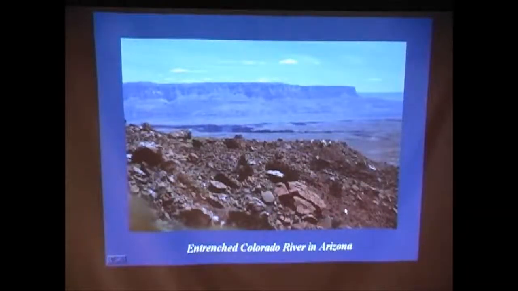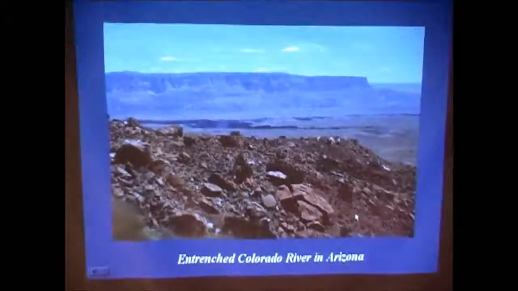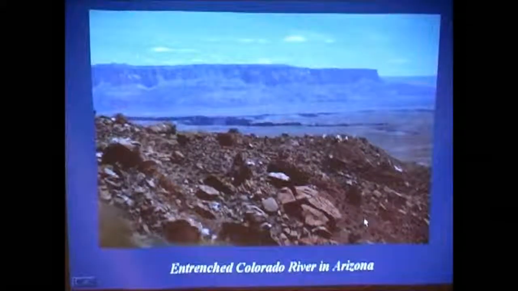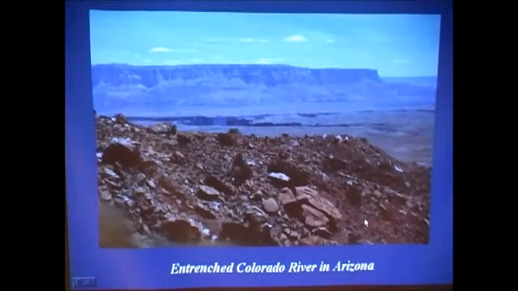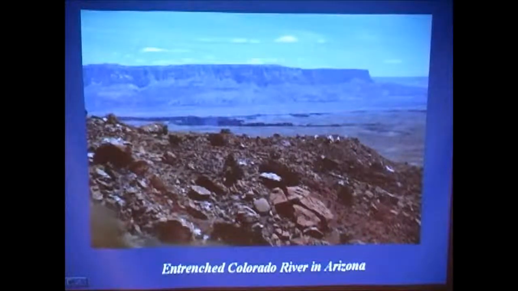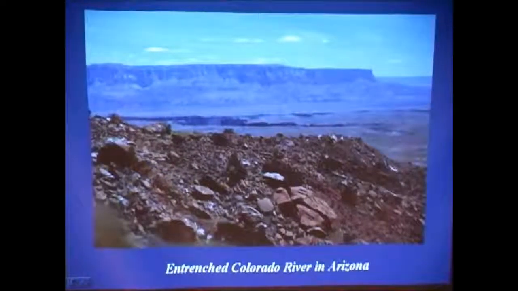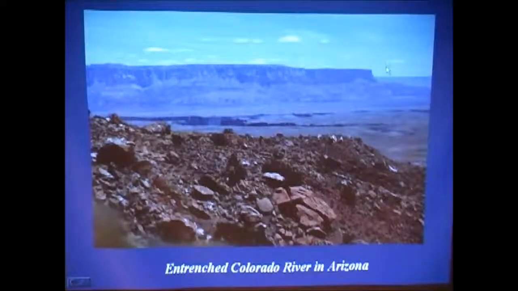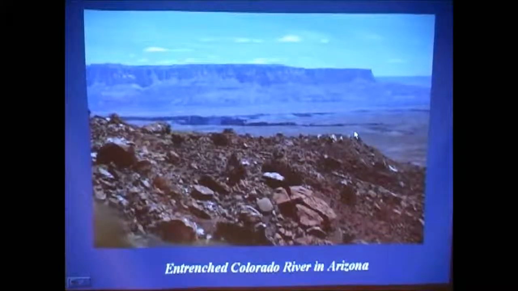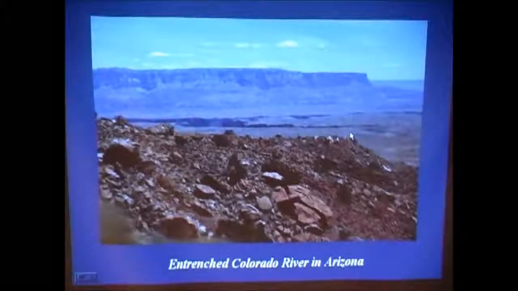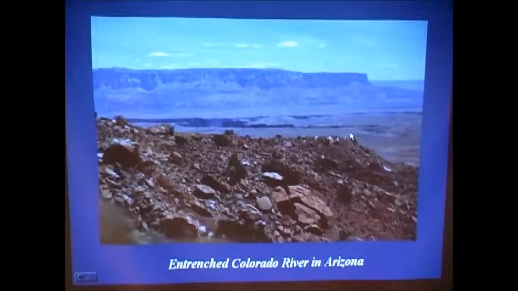Now, to get the idea of the development of a peneplain, of course, the Klamaths are geologically very complicated. A lot of different rock units with different resistances to erosion. But if you go to the Colorado Plateau, where you have a lot of flat-lying sedimentary strata, you can get the idea of the development of an elevated erosion surface that we call a peneplain.